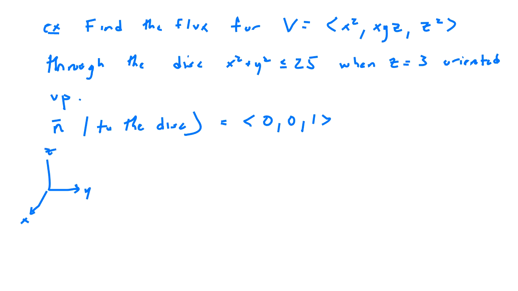And I can't draw it very well, but we have the picture of our disk, and it is parallel to the xy plane. And so we want something that's perpendicular to that. And you can see by design that is straight up.